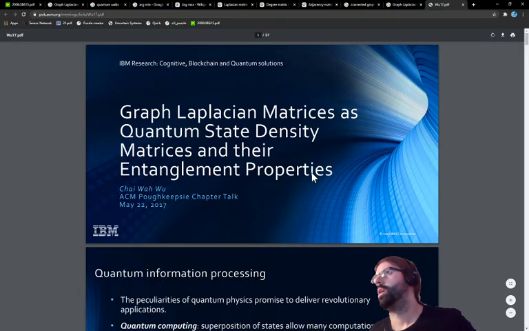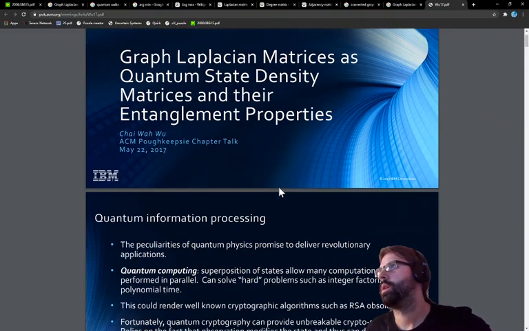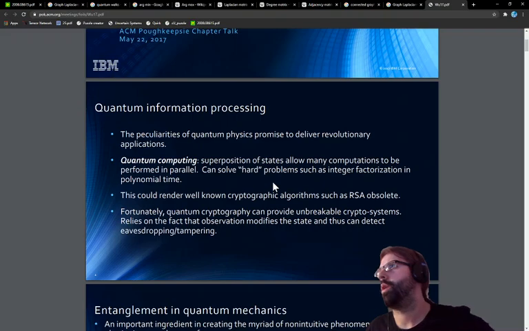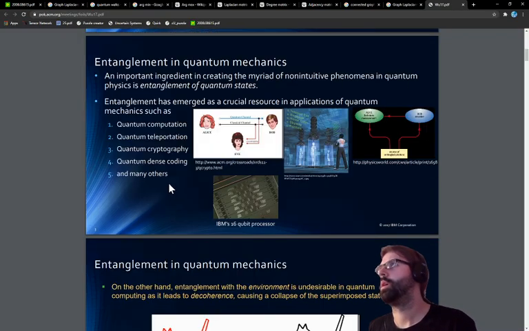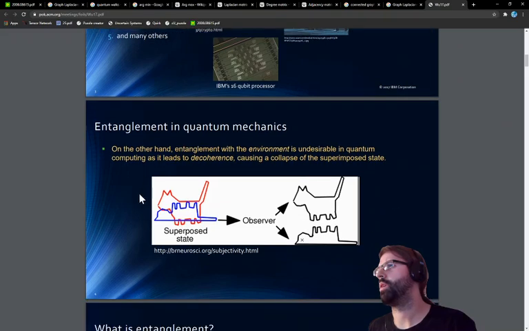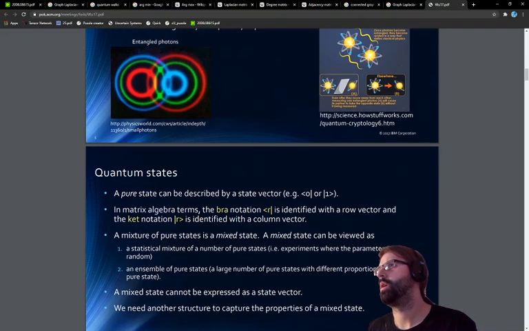Yeah, but that brings me again to what the heck is a density matrix? In their entanglement properties. The peculiarities of quantum physics, blah blah blah. Entanglement in quantum mechanics. What is entanglement?